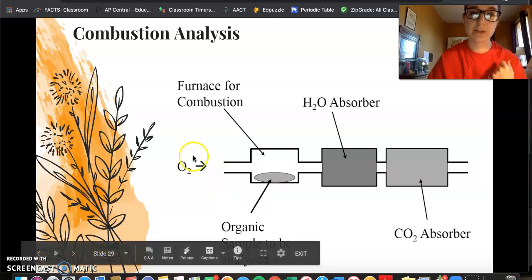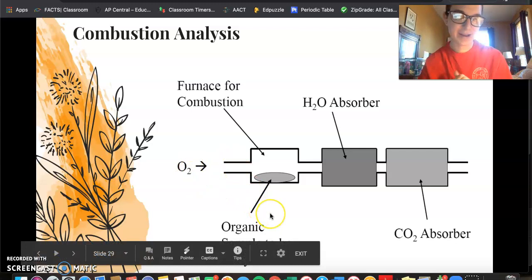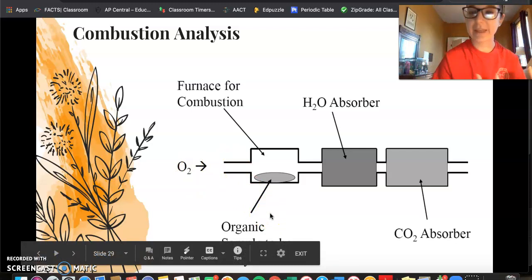So remember, for combustion to happen, you need O2 added. So you always get CO2 and H2O. If your original compound also had oxygen, you're not really sure if the oxygen came from the O2 or this compound, so we'll go through how to find that.